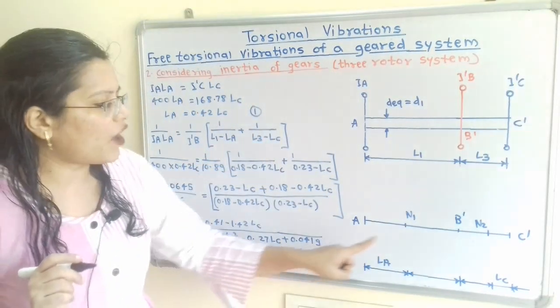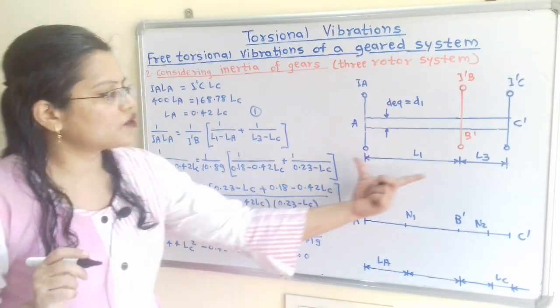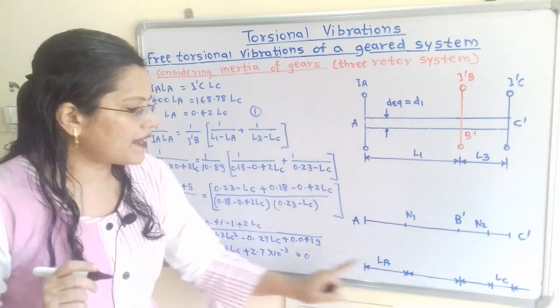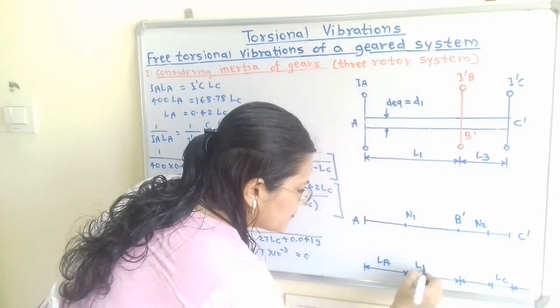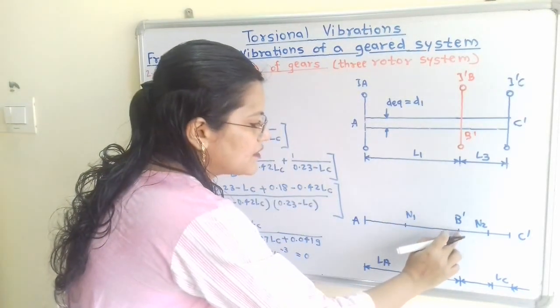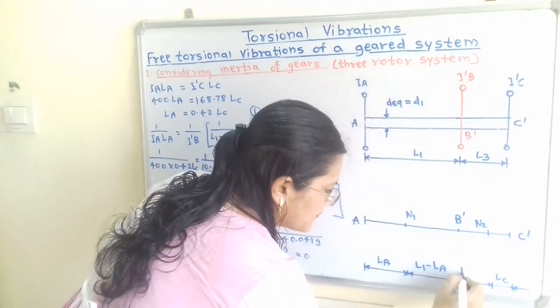Now how to find out the distance of these nodes from B dash? So this total distance between A and B dash is L1. So L1 minus LA is the distance between N1 and B dash, and the distance between B dash and N2 is L3 minus LC.